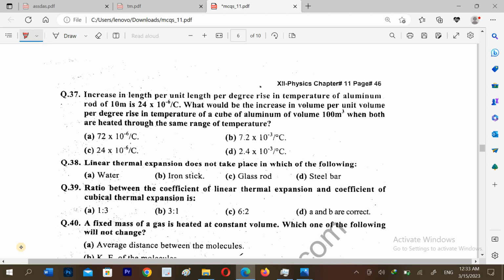What would be the increase in volume per unit volume when heated through the same range of temperature? A.